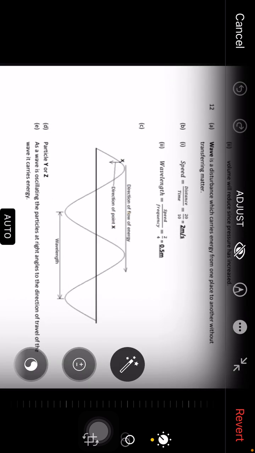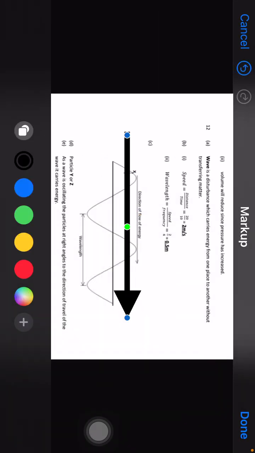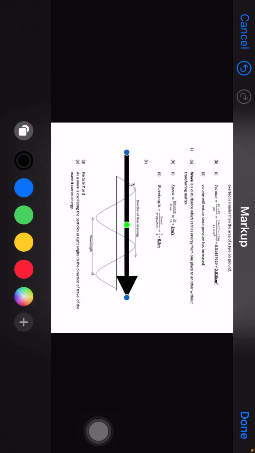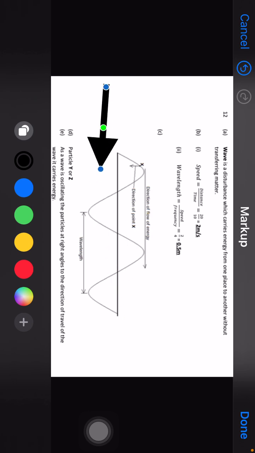It will move downwards. I've stopped explaining in detail because I'm trying to catch up with time, so I'll just be doing a quick one.